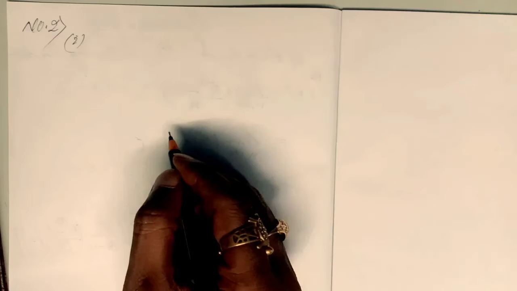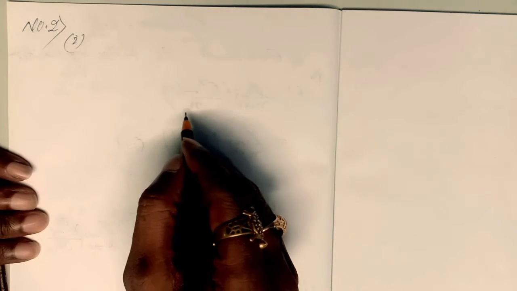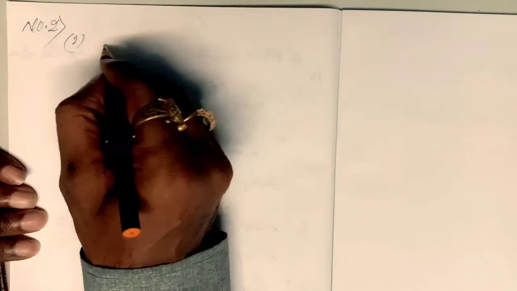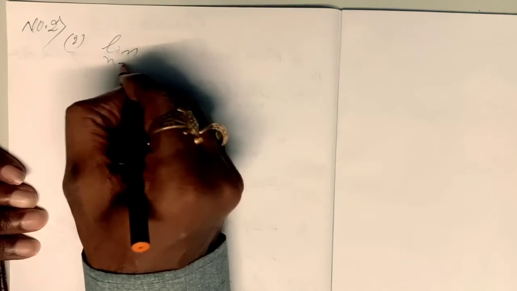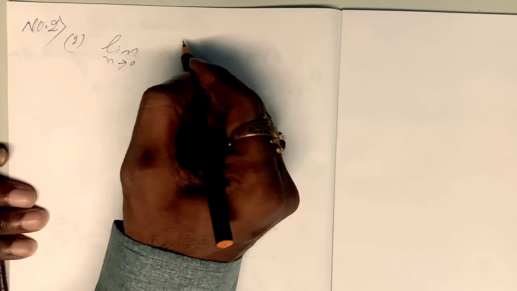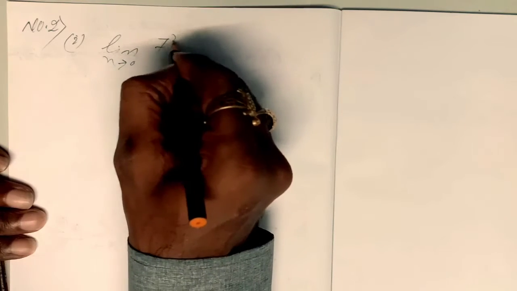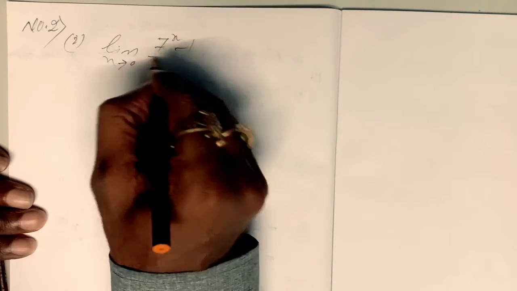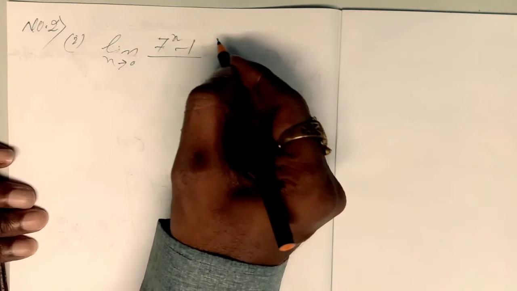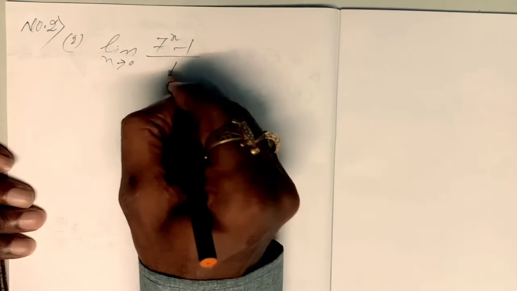Next I am going to number 2. Just see the question number 2, first part. It is given: limit x tends to 0, (7 to the power x minus 1) by tan x.